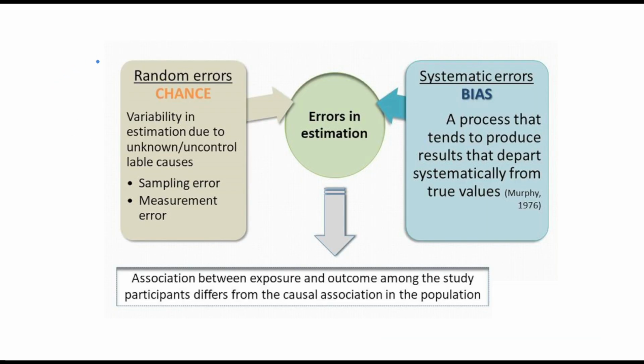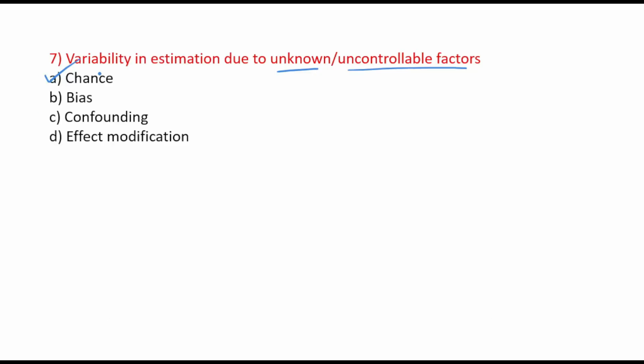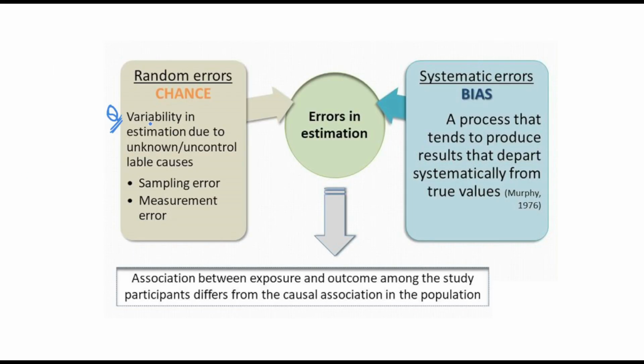Now see over here in this information, you will find the definition of variability. This was given in our question. Variability in estimation due to unknown or uncontrollable causes. You have further sampling error and measurement error underneath it.